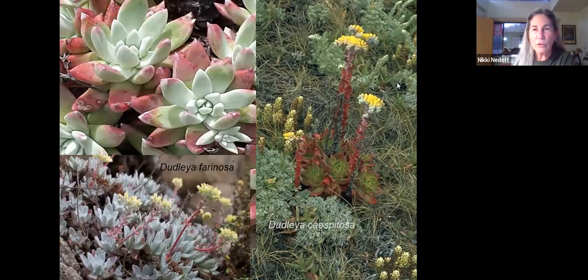These are cool succulents that occur in dune habitats and in our coastal cliffs. Two different species, Dudleya cespitosa and Dudleya farinosa. How do you really tell them apart? Well, Dudleya farinosa is kind of pale, it's fair. That's the way I remember. These are unfortunately being poached in great numbers by people who are selling them on the black horticultural trade market.